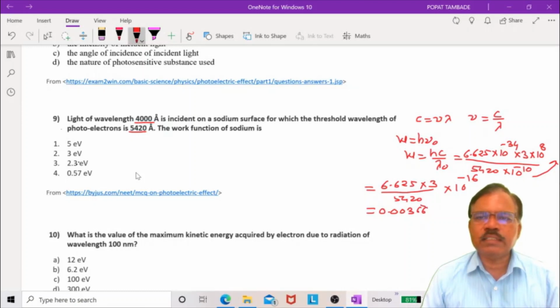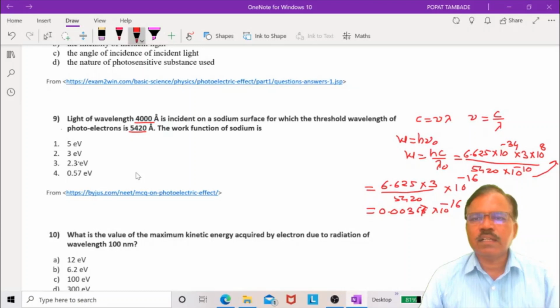So I can write 367 into 10 raised to minus 16. So I can write this as 3.67 into 10 raised to minus 19 joules.